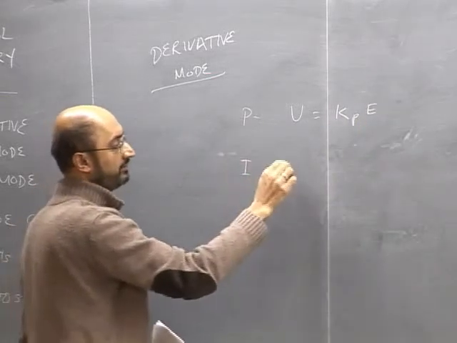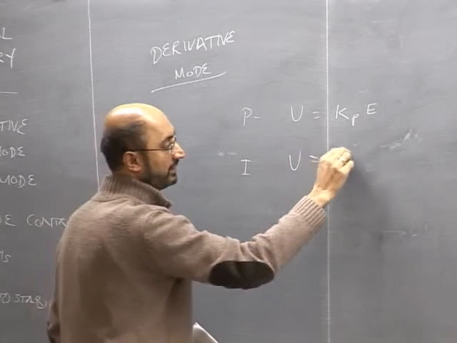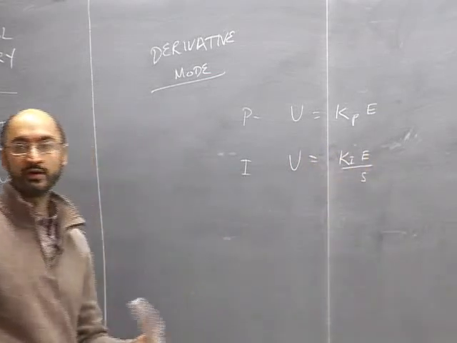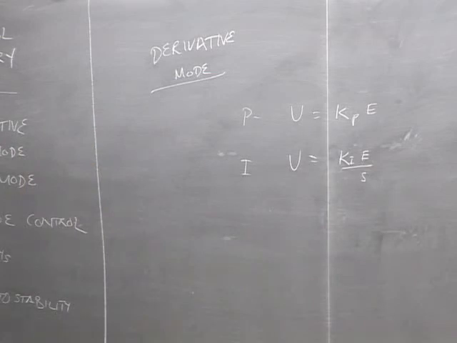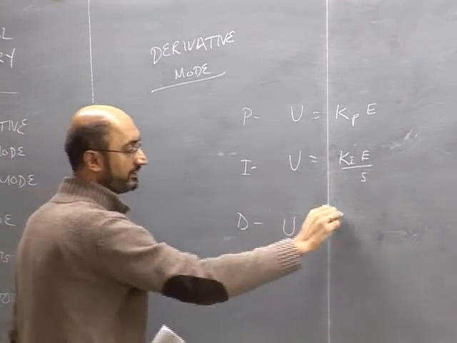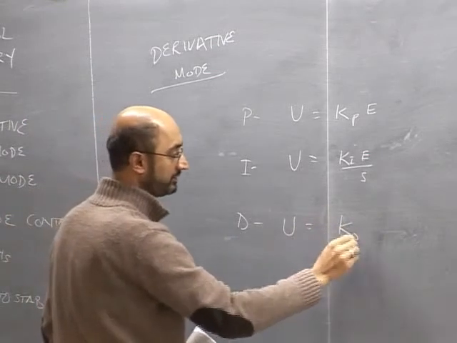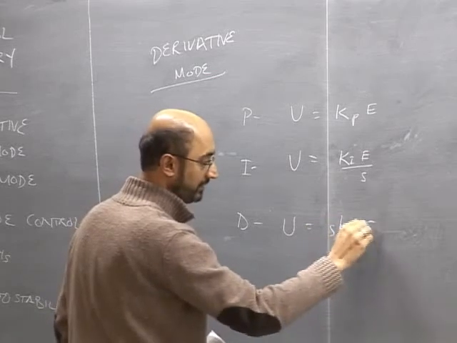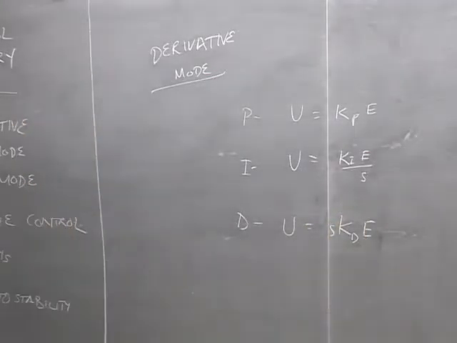In the I mode, we have U equals Ki E over S, where the 1 over S is the integral mode. And in the derivative mode, we have the control to be just Kd, which is the constant Kd, S Kd E, where you recognize that the multiplication by S corresponds to the derivative operation.